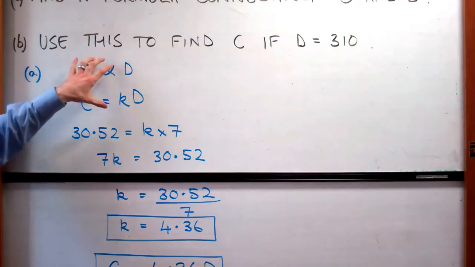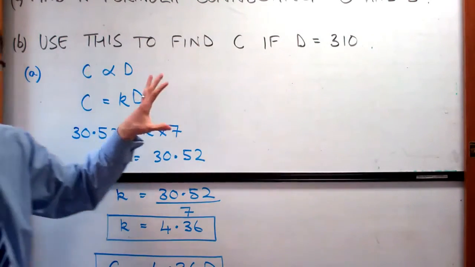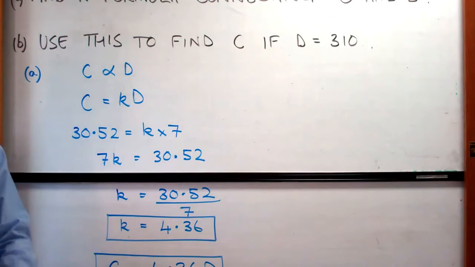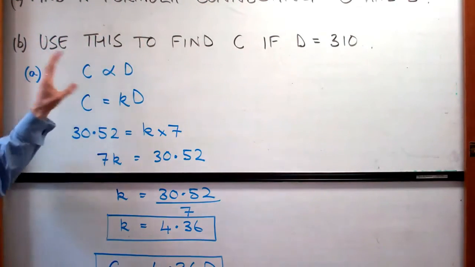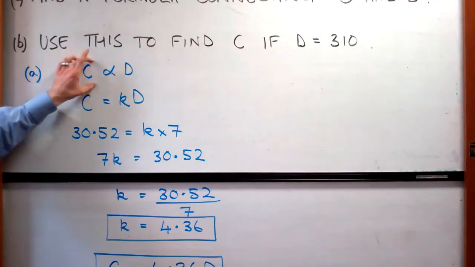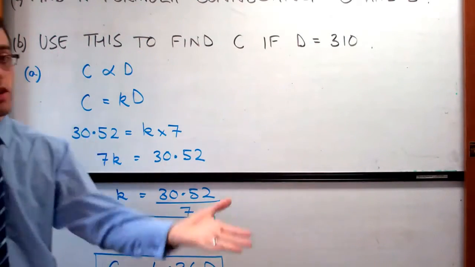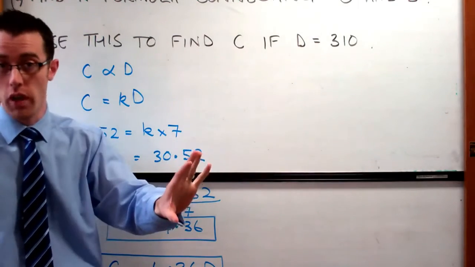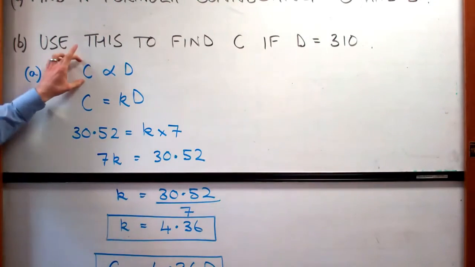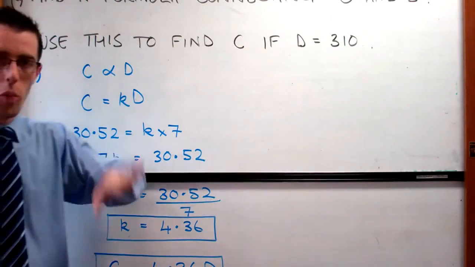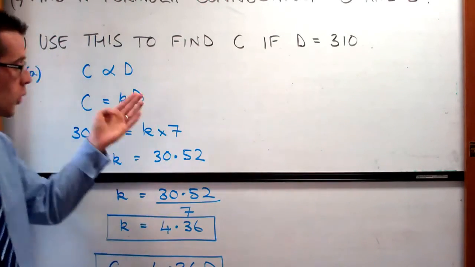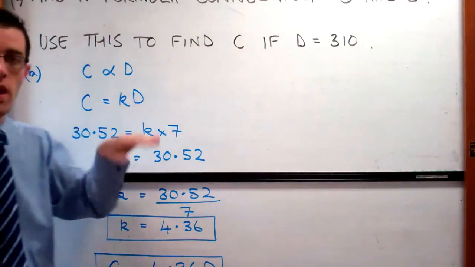This bit sometimes people find a little bit of a problem with because it's really new. If we just remember that with this first line, all we're doing is writing out C varies directly as D, because later on it could vary in a different way. This statement then allows us to start opening up into an equation, because we know that it must be multiplied by some constant if it varies directly.